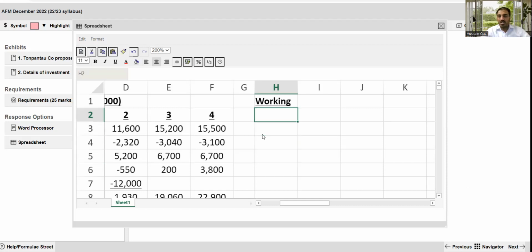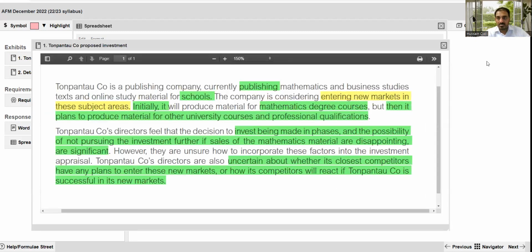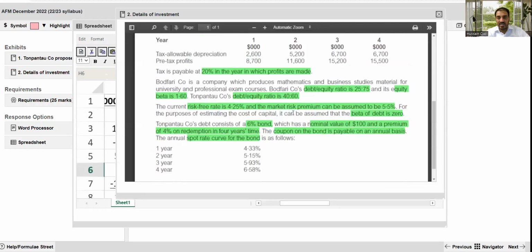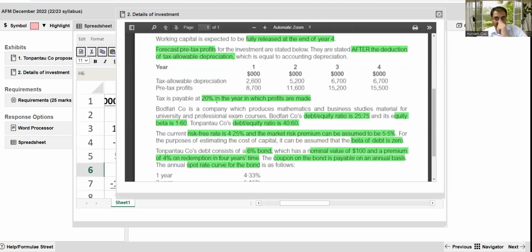What is particularly required: you require E, you require D, you require KE, you require KD, you require the tax rate. It's very simple. So what data do you have available? The data available is very basic.